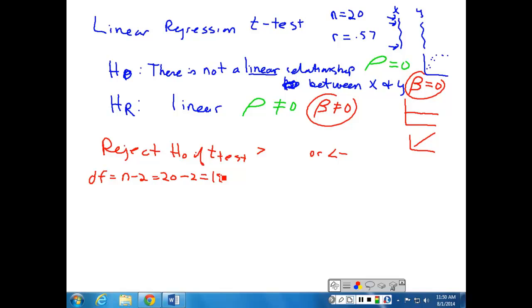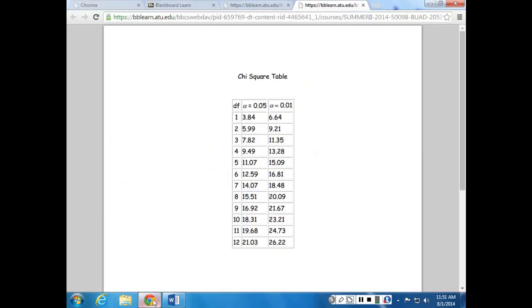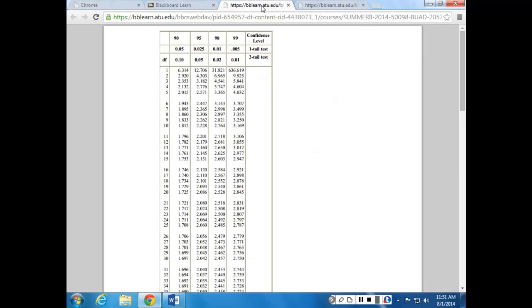So you lose one when you calculate the standard deviation of x, and another when you calculate the standard deviation of y. So let's say we have 0.05 for our alpha, and we know it's a two-tailed test. So two-tailed, 0.05, 18 degrees of freedom, 2.101.